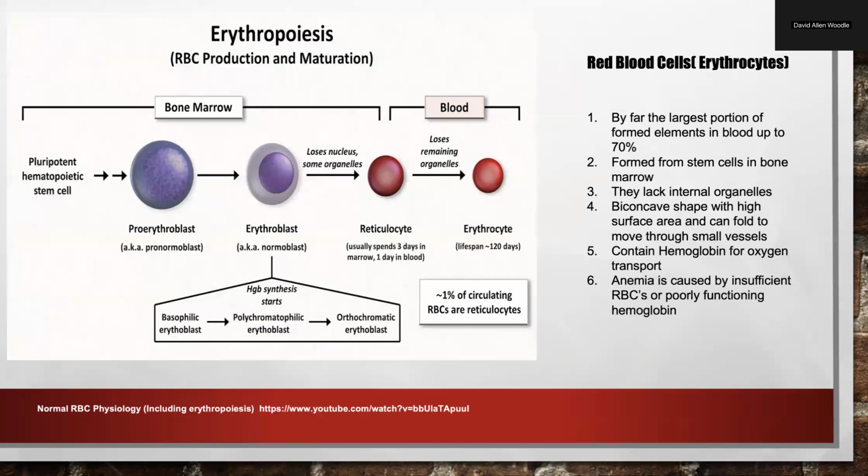But if we look at red blood cells, which of course are 70% of what makes up all the cells, erythropoiesis is the process of taking those stem cells and moving them through reticulocytes, which are almost a red blood cell, but they only last a few days and they still have some organelles, which they lose and they become the red blood cell.